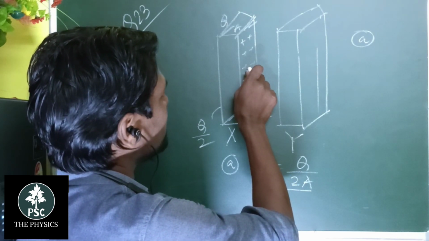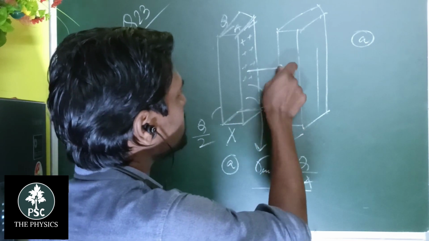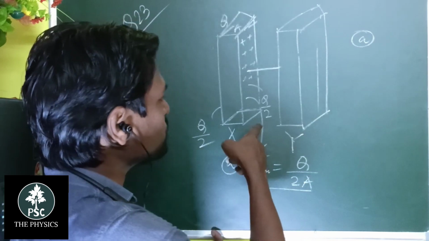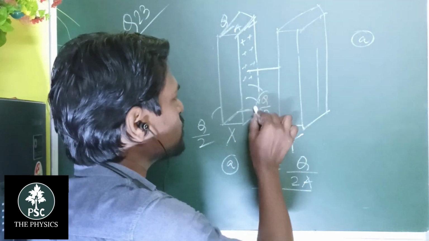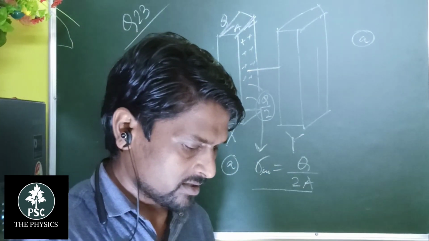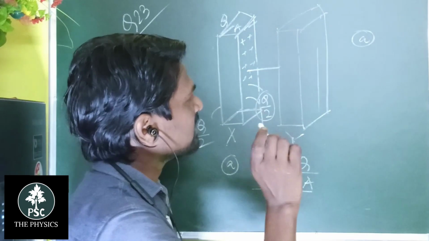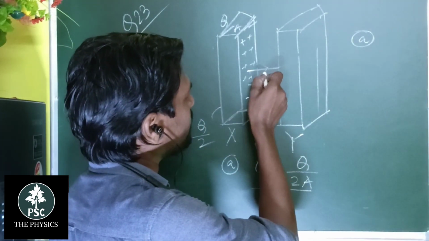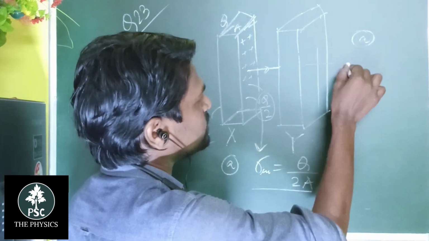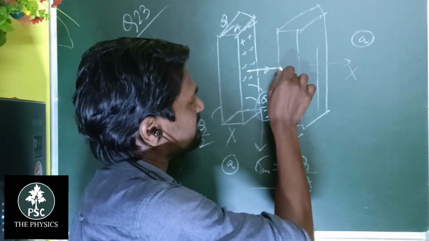You think that the electric field is generated at that point and goes along this direction. Since this is Q by 2, we can prove that the electric field inside a conductor is 0. So the electric field cannot penetrate along this direction. So it is not possible. So the electric field just terminates at this point.